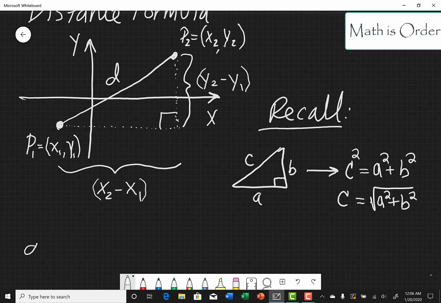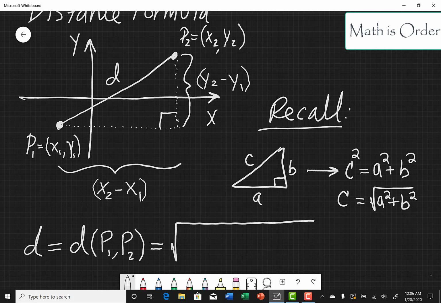So we can say D, given more specifically as the distance between points P1 and P2, is equal to this. Right?